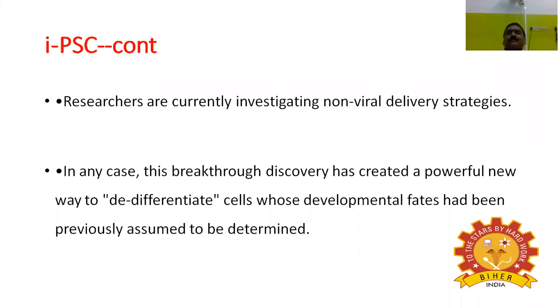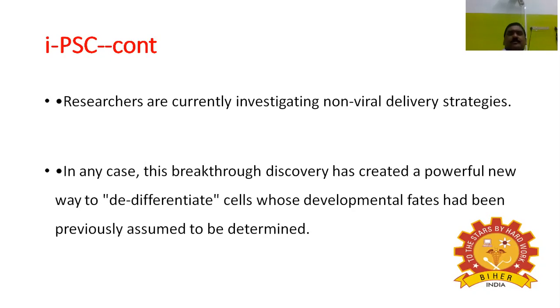Next I'm coming to, in continuation of induced pluripotent stem cells, the researchers, that is scientists, are currently investigating non-viral delivery strategies. Non-viral delivery strategy, underline. In any case, this type of breakthrough discovery has created a powerful new way to differentiate cells whose developmental fate had previously been assumed to be determined.